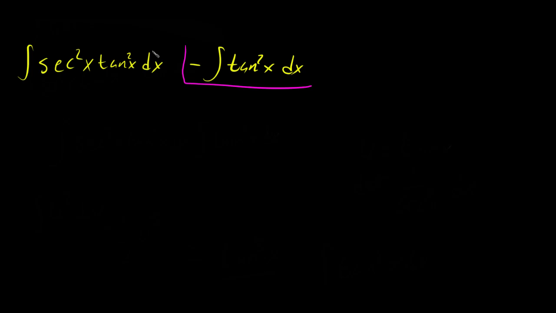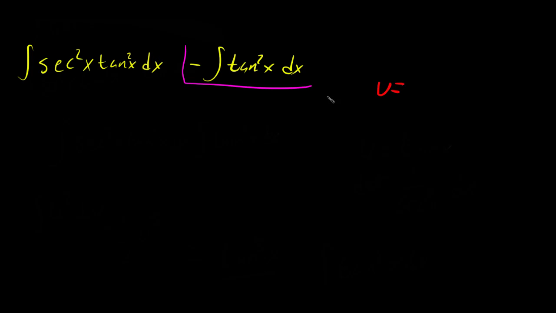Obviously we can't do integration by parts because they're both trig. Obviously, this isn't solvable by just the power rule or something like that. And so really the only option that we have left that makes any sense is u-substitution.